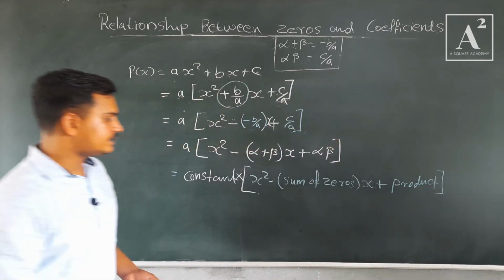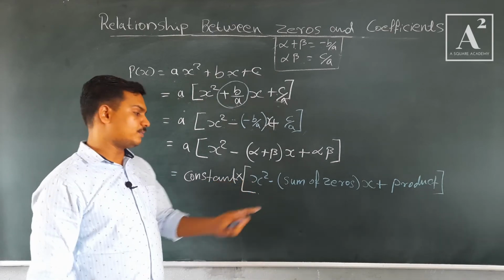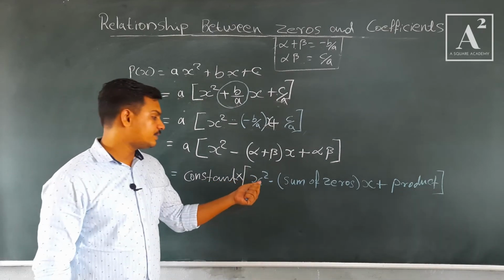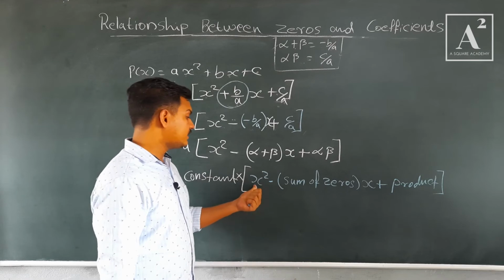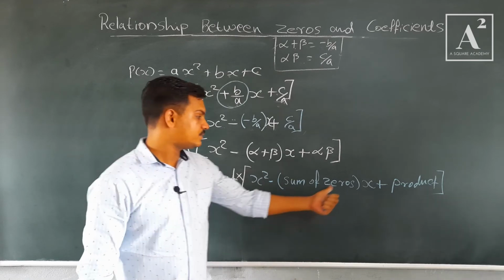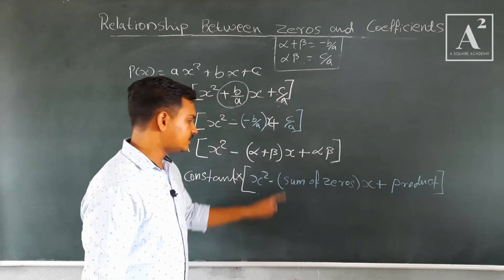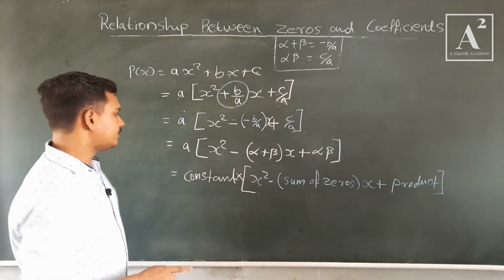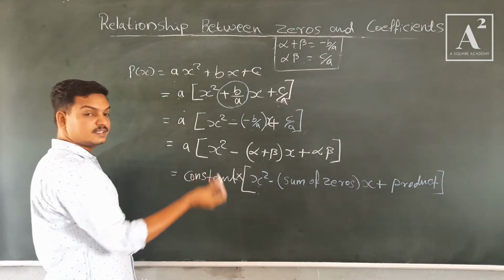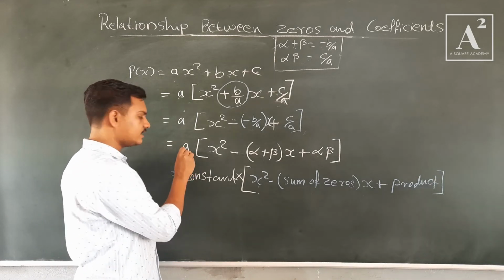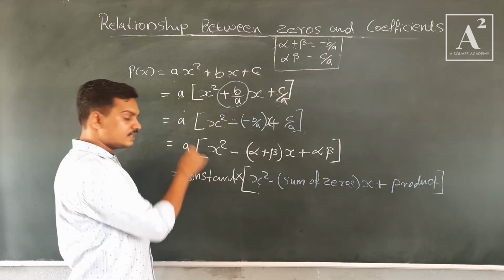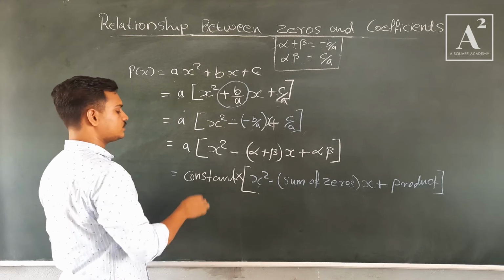So this is the expression of any quadratic polynomial. You can write in this manner: x square minus sum of zeros times x plus product of zeros. You can remember this one, right? Okay, so in some textbooks, instead of writing this a, they are representing this with a constant.